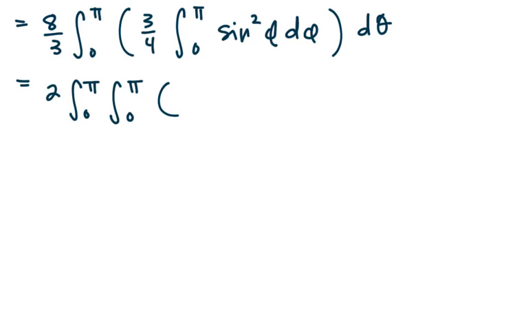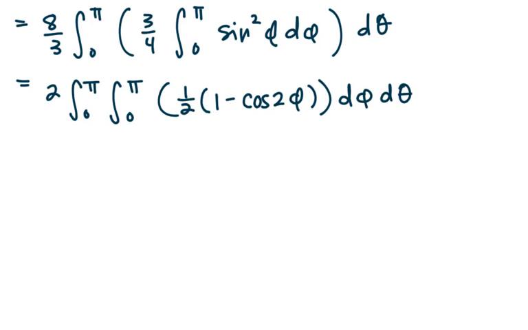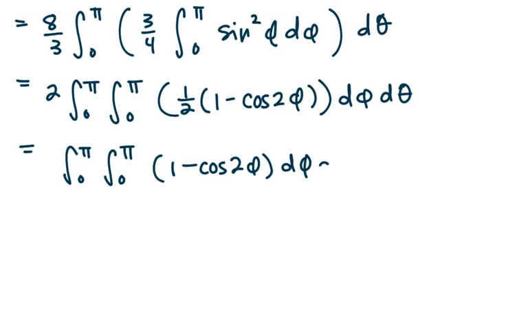For sine squared phi, I'm going to use 1/2 times 1 minus cosine of 2 phi, and then we've got d phi, d theta. So that 1/2 and the 2 are going to go away. We've got 0 to pi, 0 to pi, 1 minus cosine 2 phi, d phi, d theta, and this becomes very easy for us to integrate.